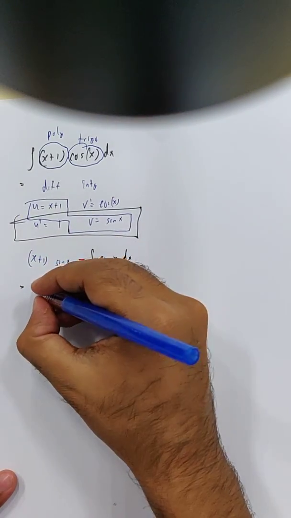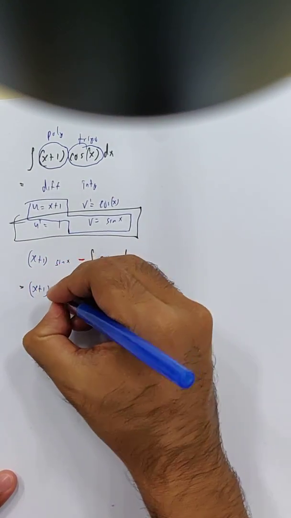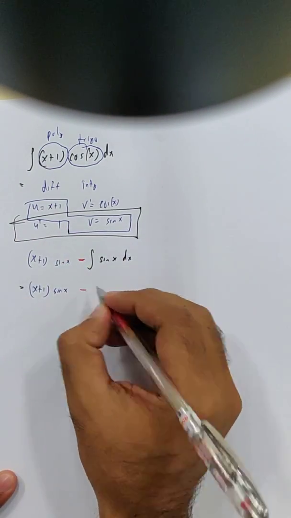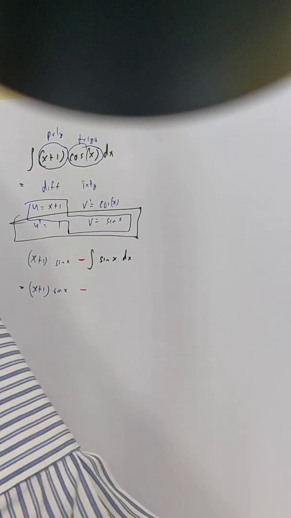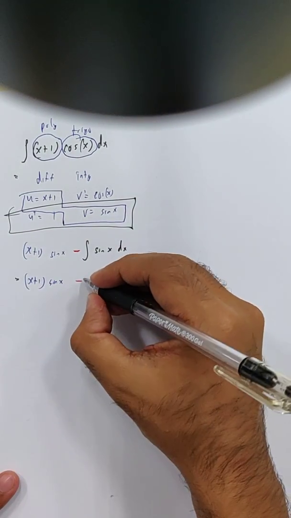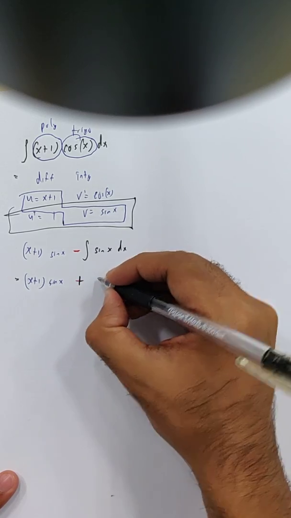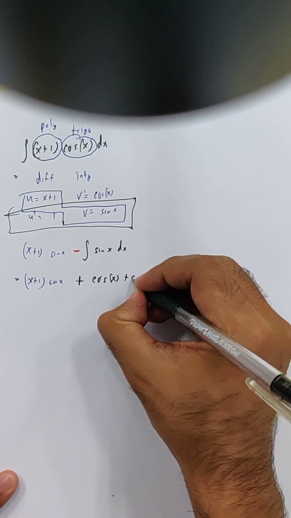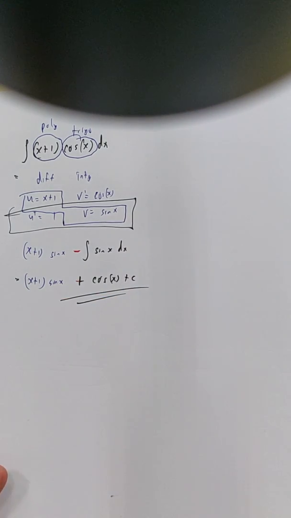So x plus 1 sin x. How now? Integrating sine x, what do we get? Negative cos x, negative, negative, positive or plus. I understand that pretty much well. Okay? Happy with your life?